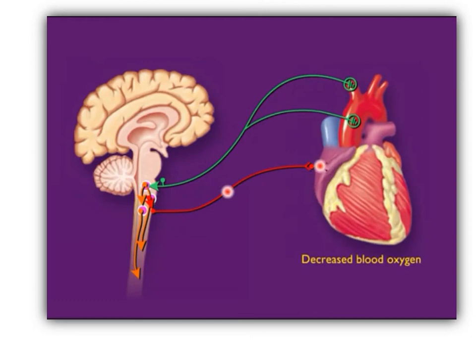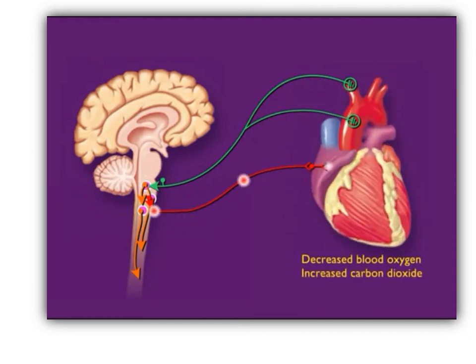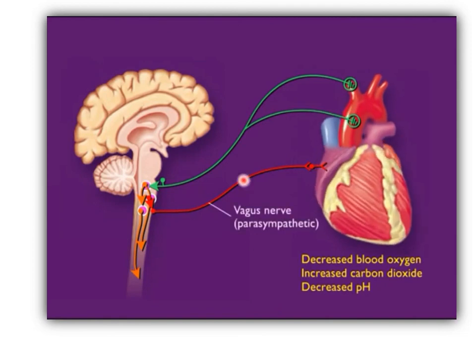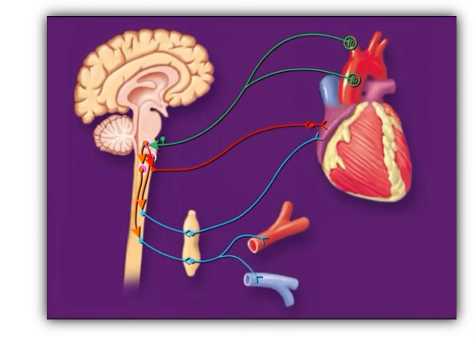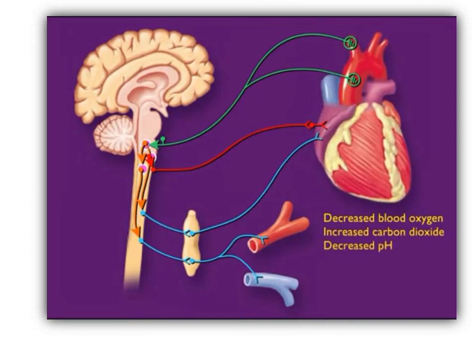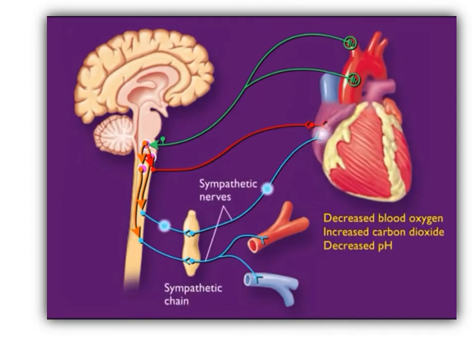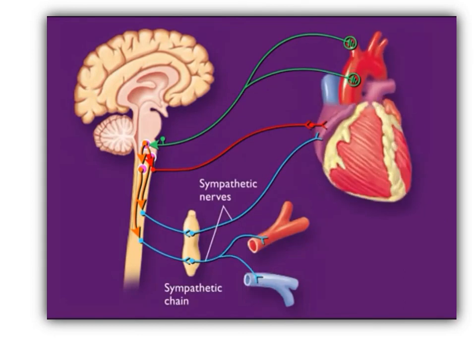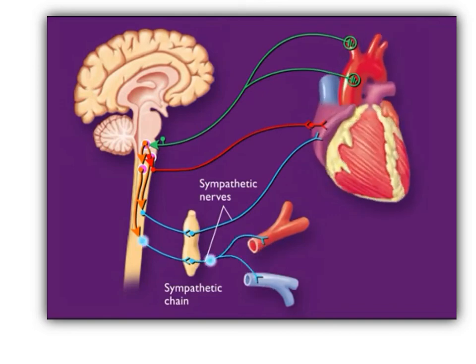Decreased blood oxygen, increased carbon dioxide, or decreased pH decrease parasympathetic stimulation of the heart, which increases the heart rate. Decreased blood oxygen, increased carbon dioxide, and decreased pH increase sympathetic stimulation of the heart, which increases heart rate and stroke volume. Increased sympathetic stimulation of blood vessels increases vasoconstriction.